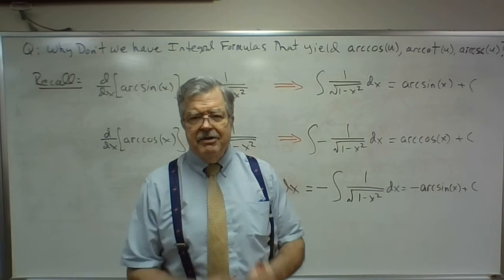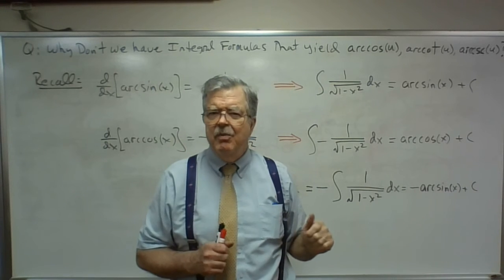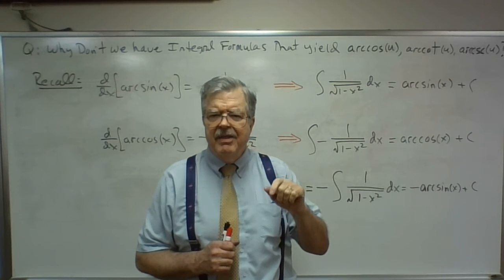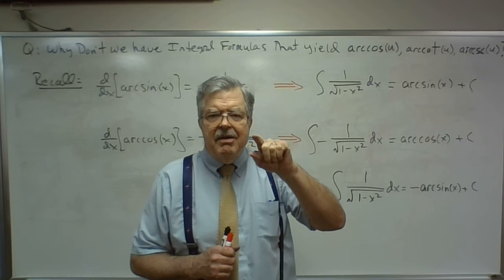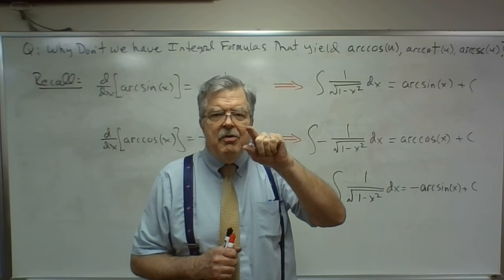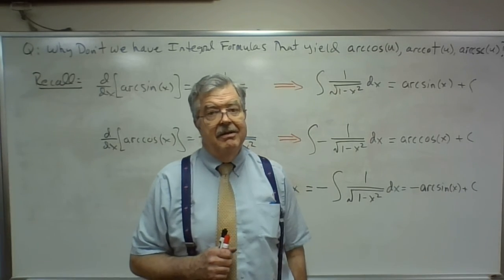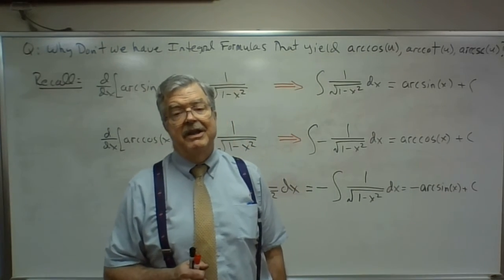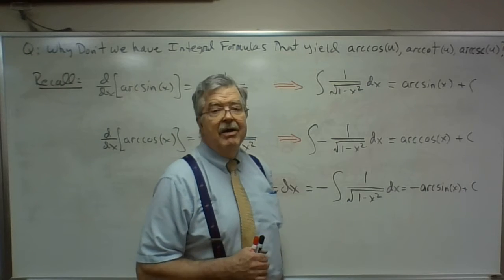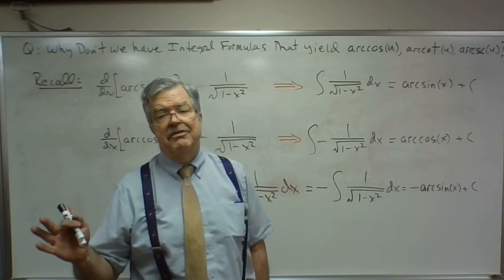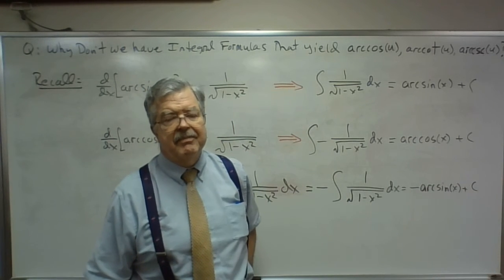But instead, we just take that factor of -1 that's part of the integrand and we move it out in front of the integral sign and just get the corresponding integral formula for arc sine, arc tangent, or arc secant.